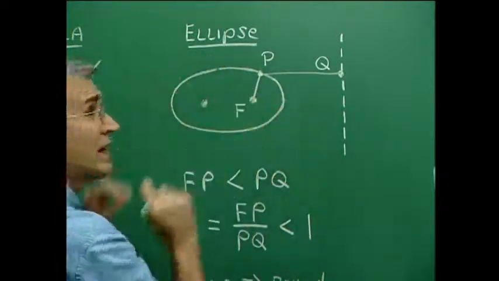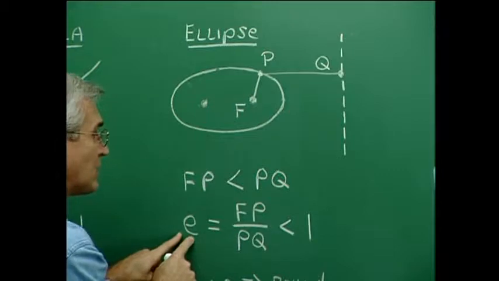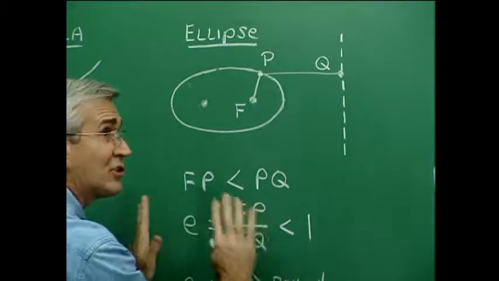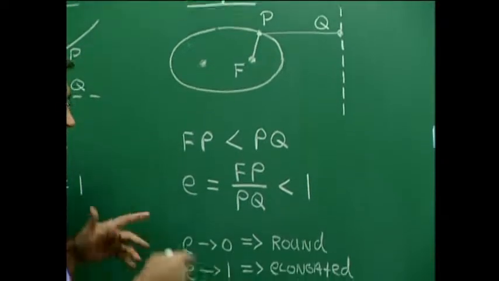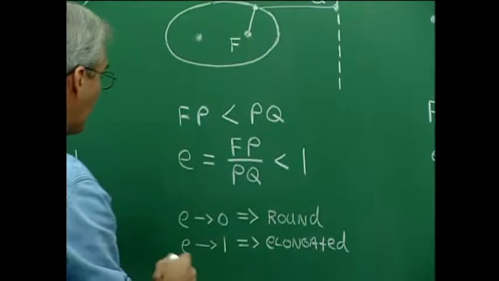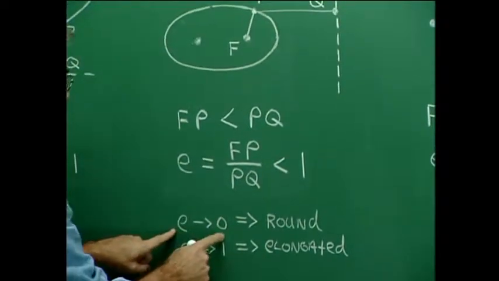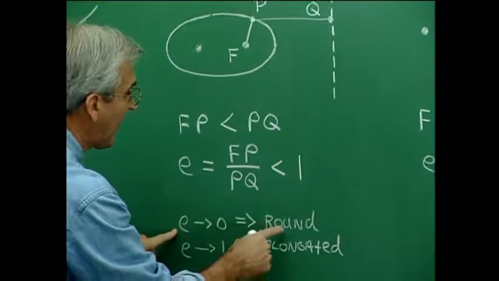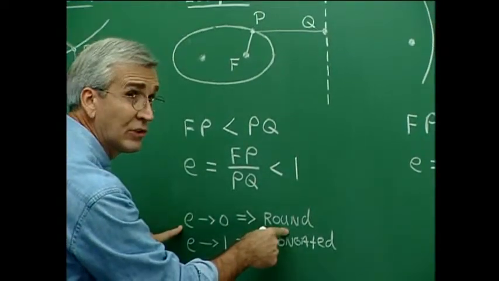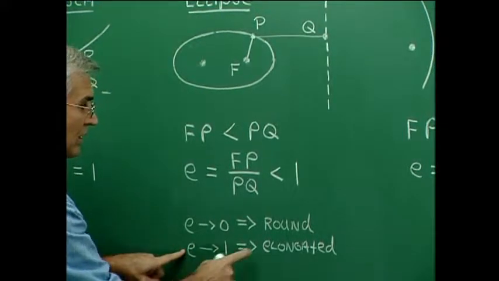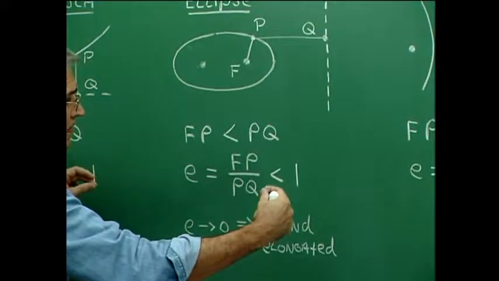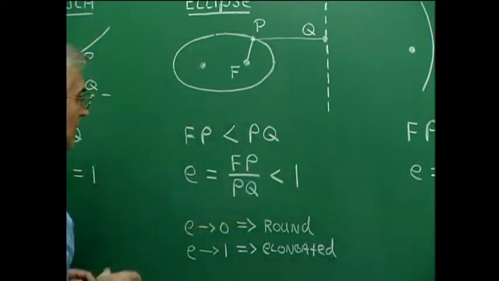If we're dealing with an ellipse, then that eccentricity number, constant for every point, is less than 1. From our study before, we know that as the eccentricity number approaches 0, we have an ellipse that approaches a circle, and when the eccentricity number approaches 1, we have a greater and greater elongation.